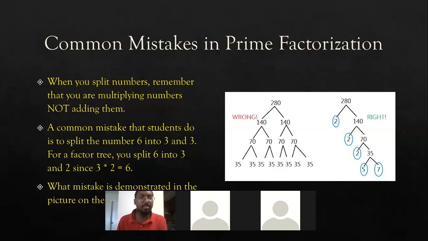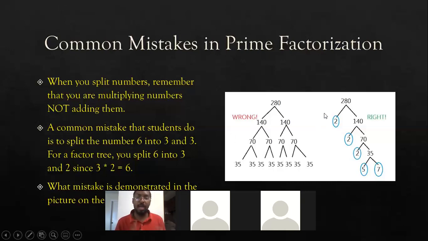On the right, you see we have 280 get split into 2 and 140. That's correct, because 2 times 140 gives me 280. The correct way of doing it is to think about it as multiplication or division, depending on if you're thinking from these two numbers multiply to give me that number, or this number divides into those two numbers. Just use the logic that makes sense to you. Make sure that you split it using division or multiplication, depending on which angle you look at it from.